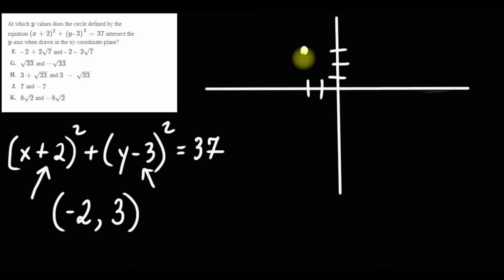Now r squared is 37. 37 is not a perfect square, so if you take the square root of 37, it's not going to come out to a nice even number. What if we try r squared equals 36?